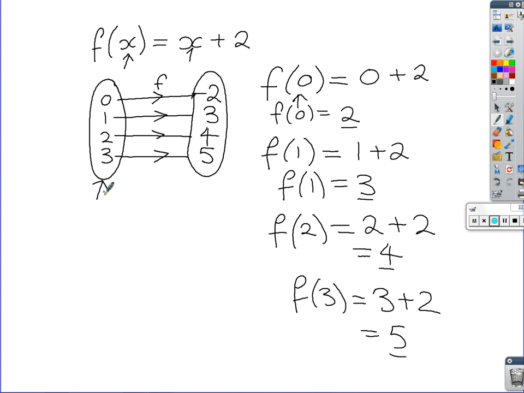Now we're going to look at the example from page 5 on your notes. Page 5 gives us a function f of x equals 2x squared plus 1. So we're given the numbers in the domain are negative 1, 0, 1, 2 and 3.